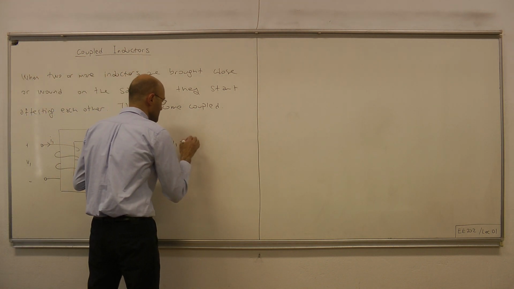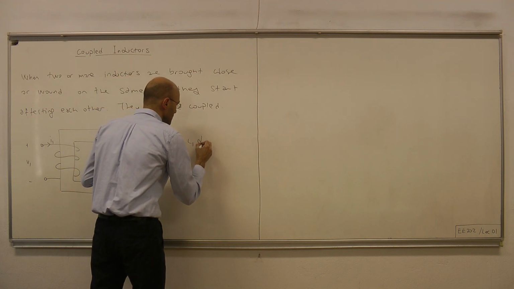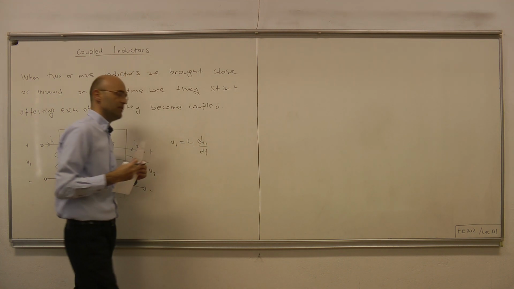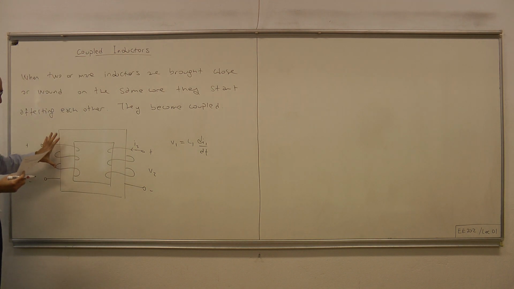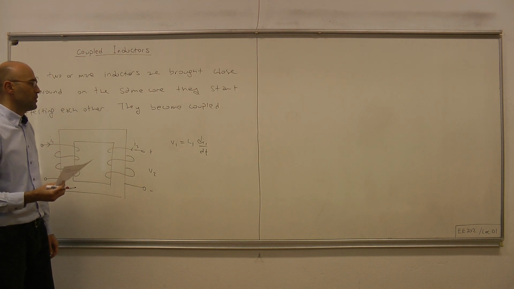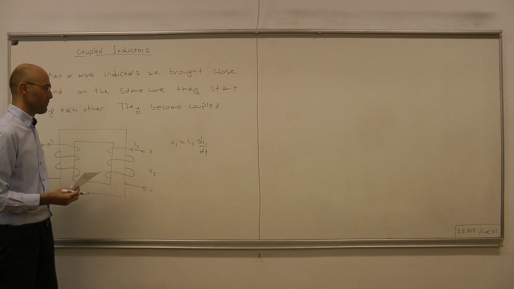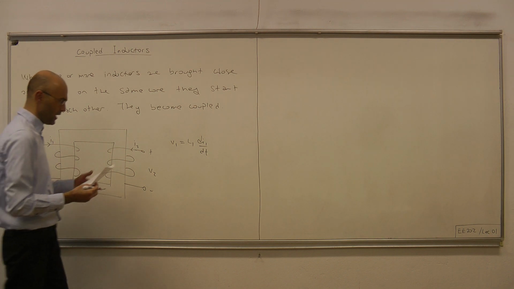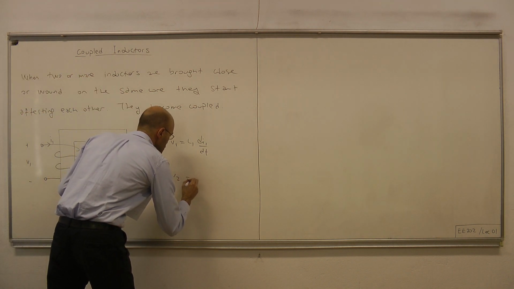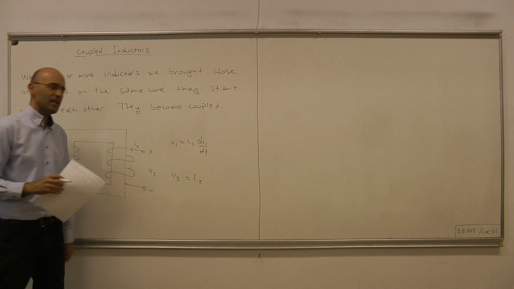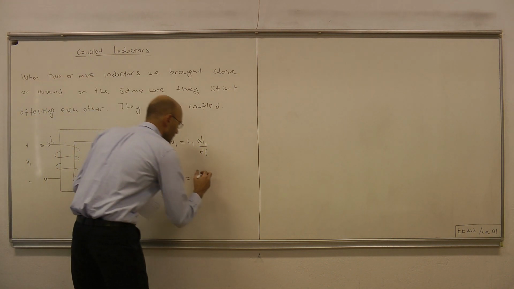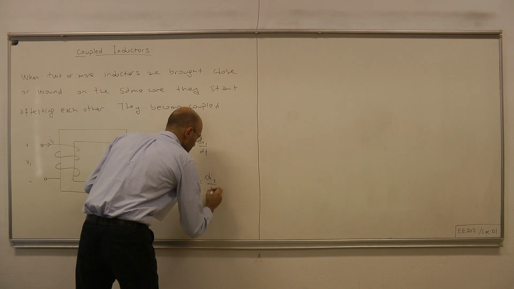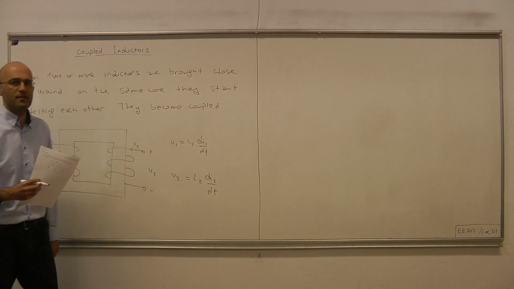So V1 equals some constant times dI1/dt. This is our LTI model for this physical device, which is quite accurate for many situations. And likewise, V2 equals some constant times the rate of change of the second current, dI2/dt.